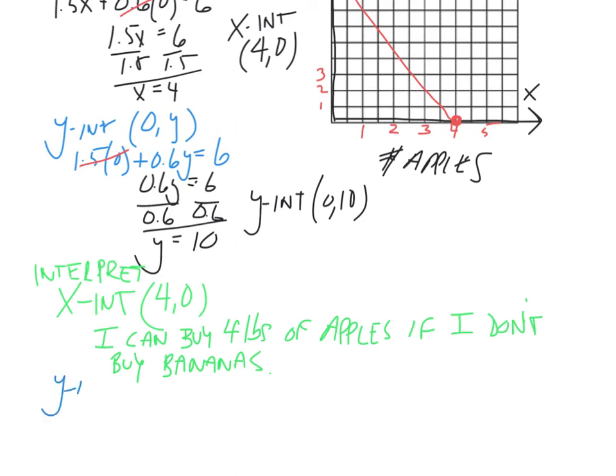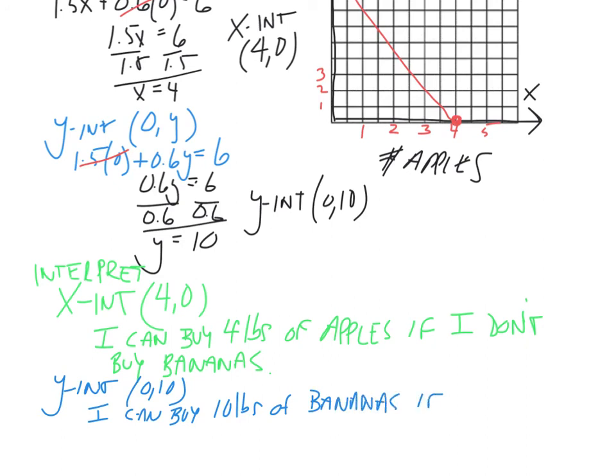The y-intercept of (0, 10). What do you think that means? Same kind of idea, but this time I can buy 10 pounds of bananas if I don't buy apples.